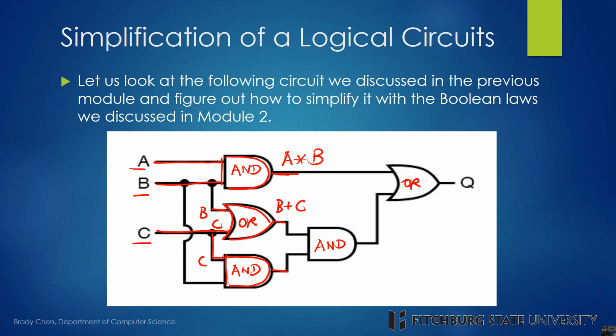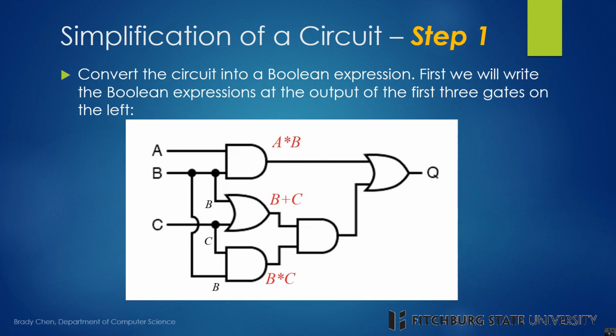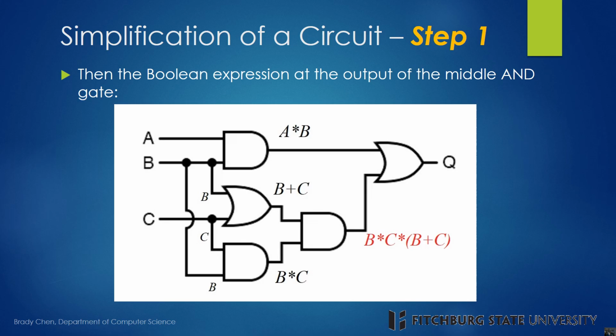So we have input C and also input B. So we have C times B. So here's what we have after the second round.